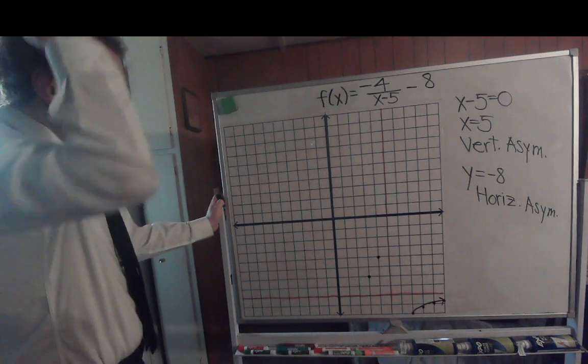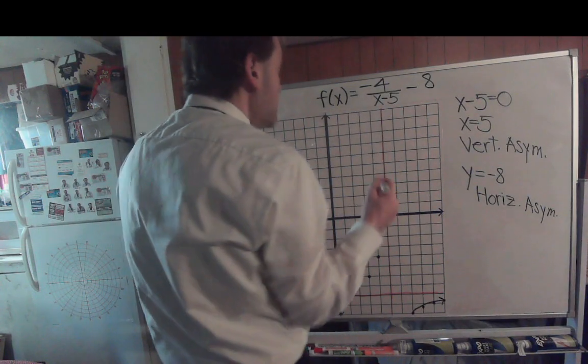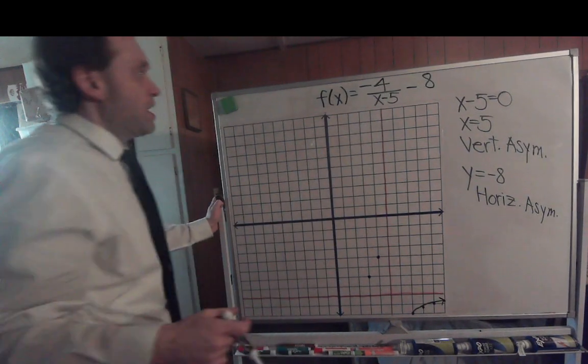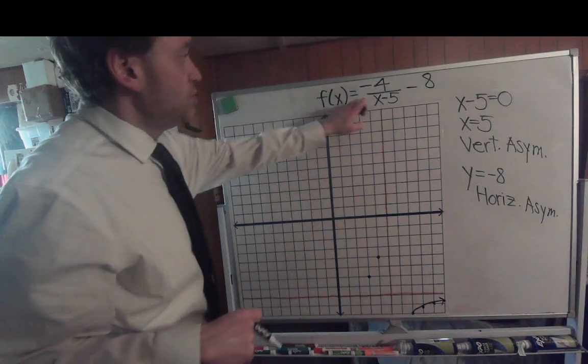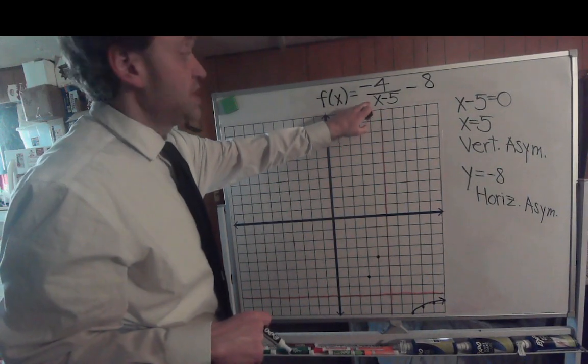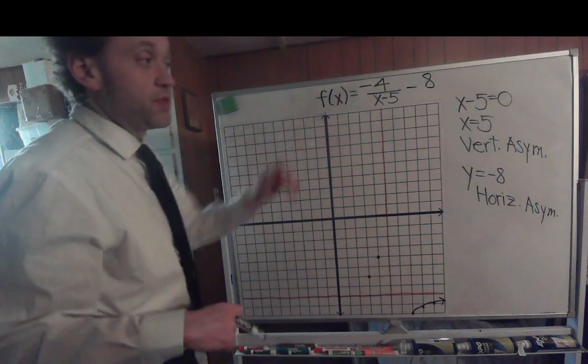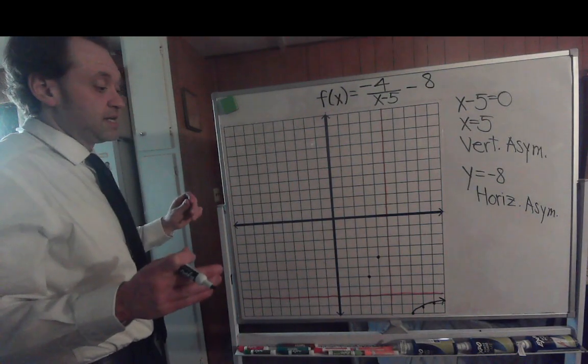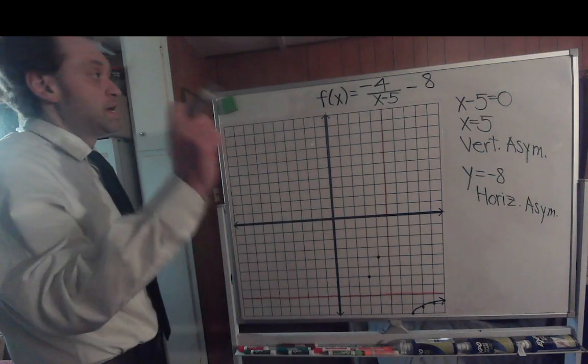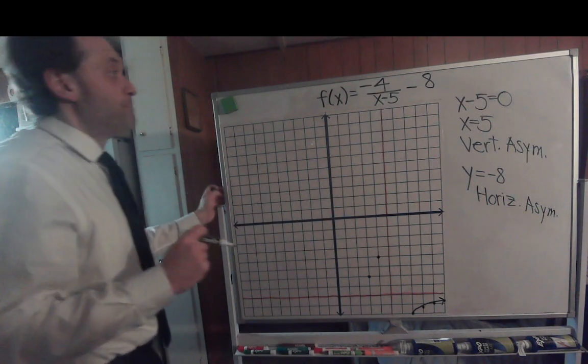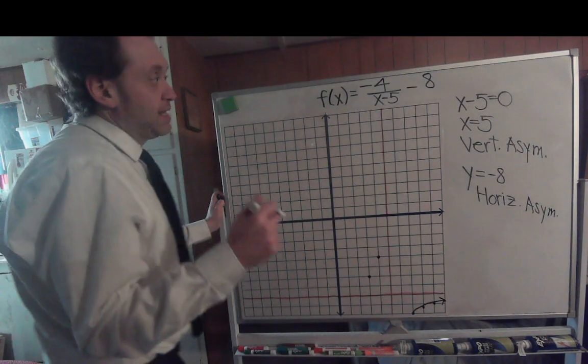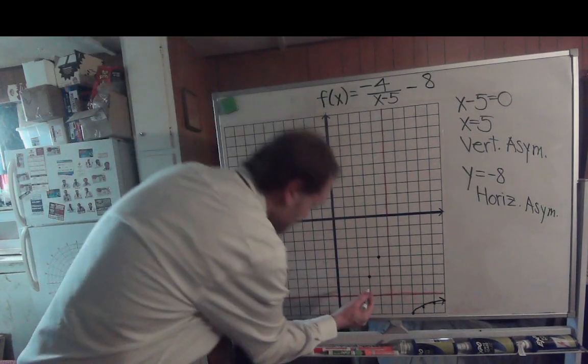And then what about when you have 2? 2 minus 5 is negative 3, so negative 4 over negative 3 is 1 1/3 minus 8 is negative 6 2/3.